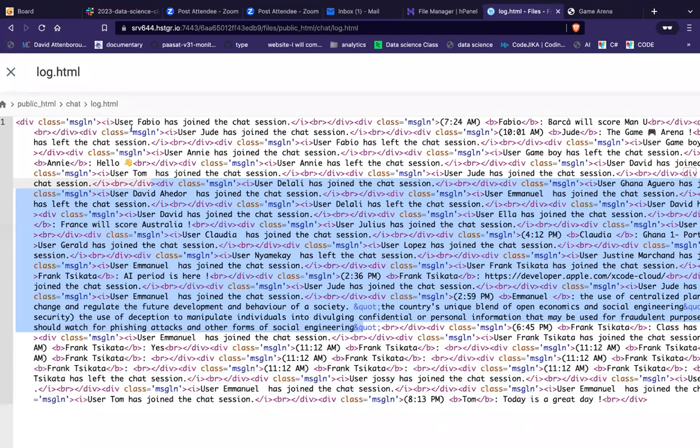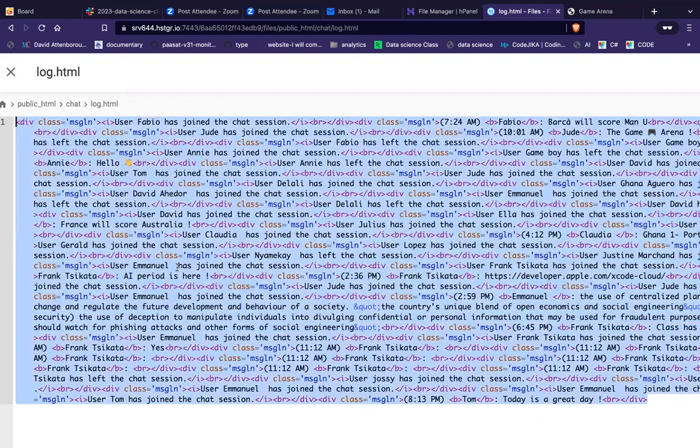So if the log says this user joined at this time, we have Fabio joining at 7:24. You plug in and you have this log file. At the end of the day, they have something similar to this. Now, how do companies do promotions? You go to the log file and try to data mine this data.